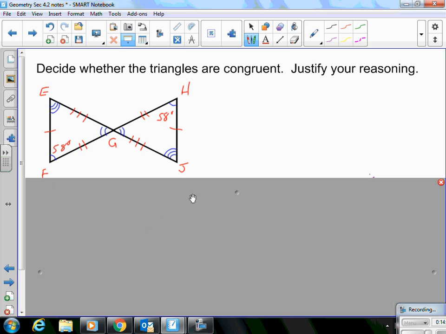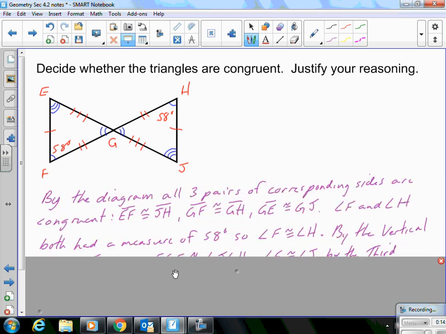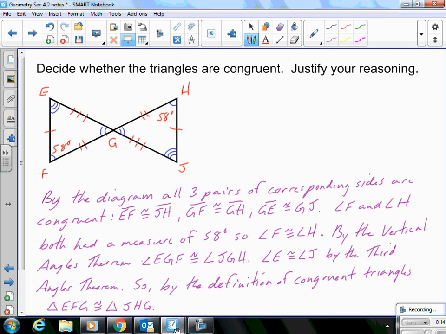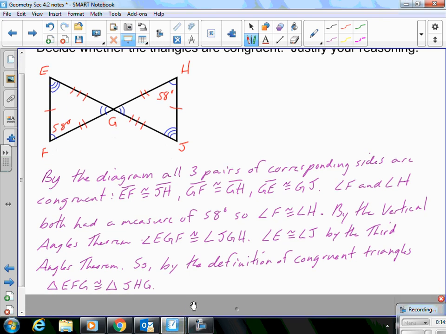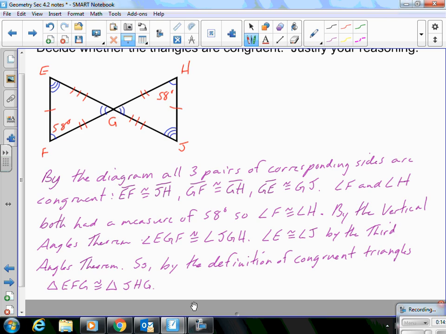So then, all of that is written out for you to copy. It's a little paragraph here, which basically tells you everything that we just covered. By the diagram, all three pairs of corresponding sides are congruent.